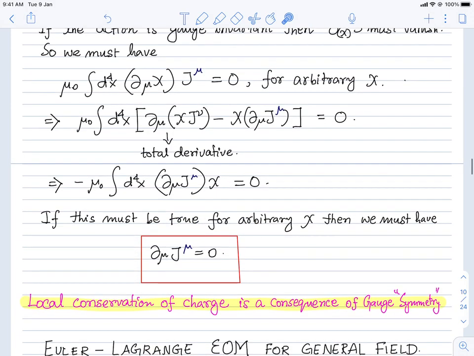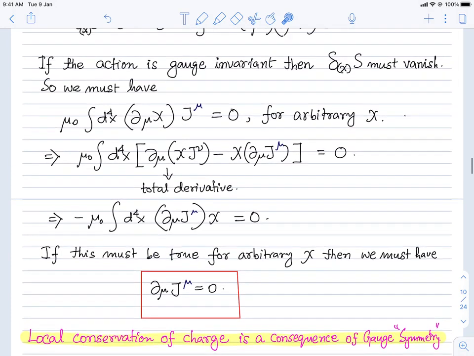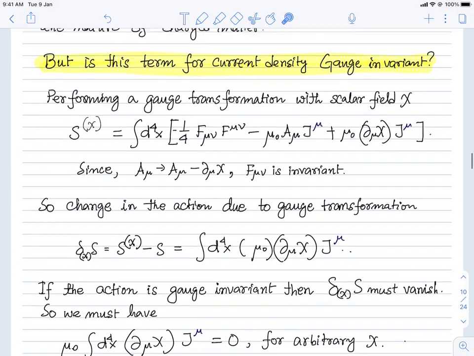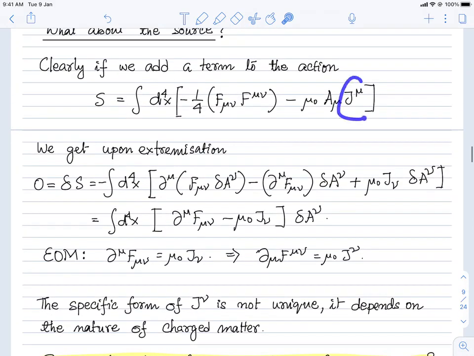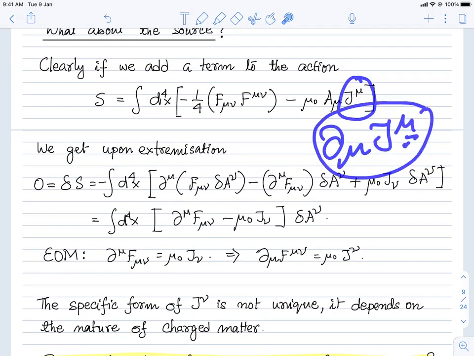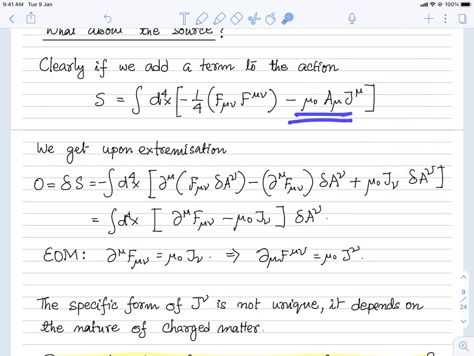So what we find here is that if this j mu is a conserved current, that means del mu j mu is equal to 0, then this term that we have written down is gauge invariant, again up to boundary terms.